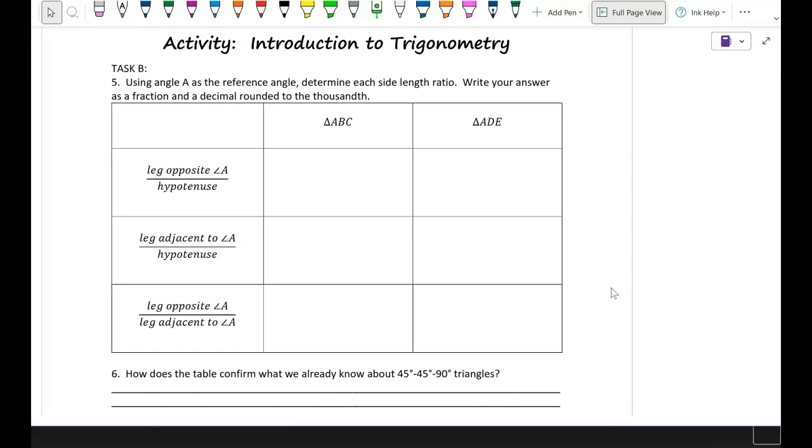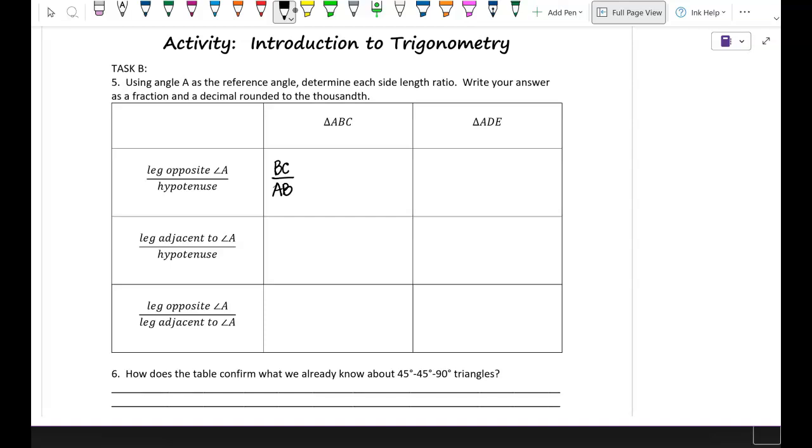Write your answer as a fraction and as a decimal rounded to the thousandth. The thousandth is 3 decimal places. So the leg opposite of angle A, we said was segment BC. The hypotenuse, segment AB.